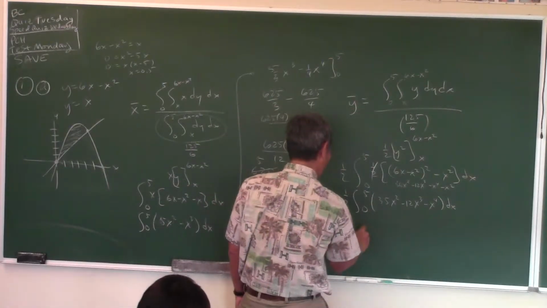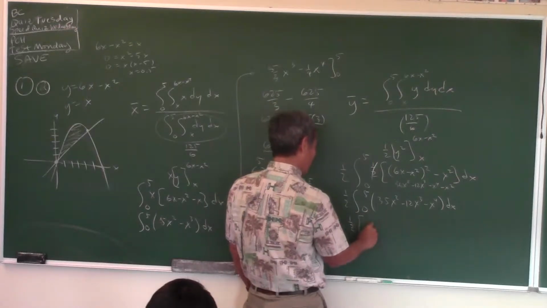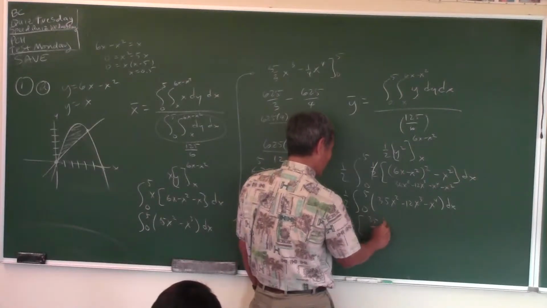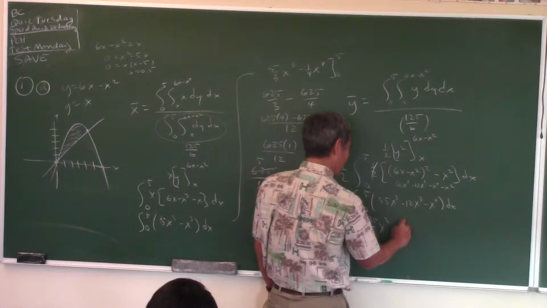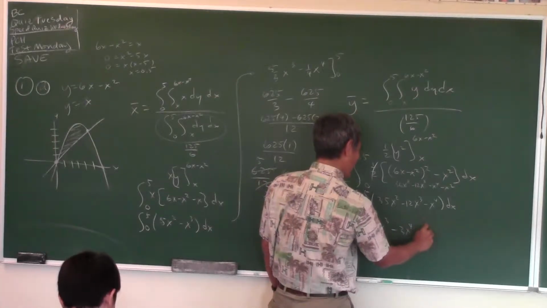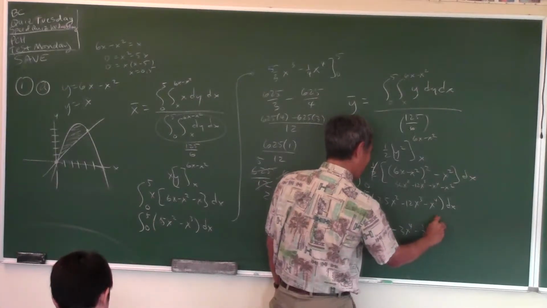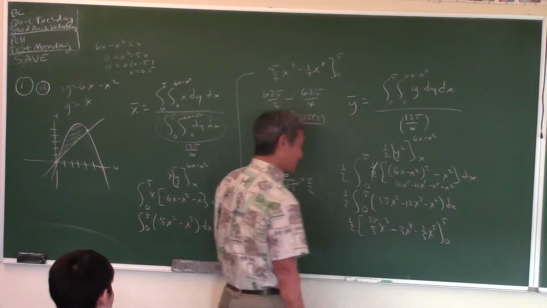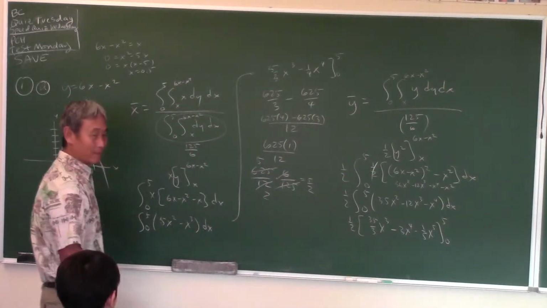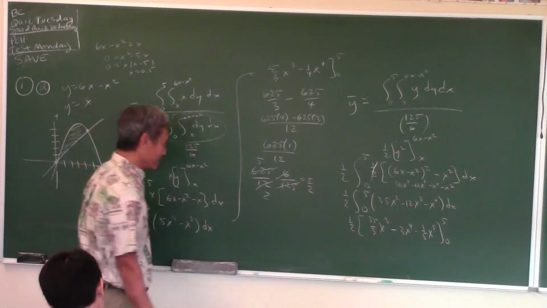So 1/2 times, what's the antiderivative of this? 35 over 3 x cubed minus 3x to the 4 minus 1/5 x to the 5th from 0 to 5. These numbers are going to be gargantuan. But we can factor.